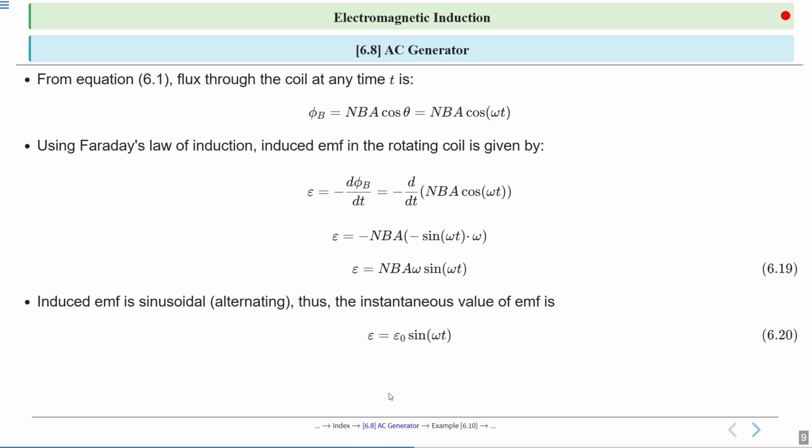When sine omega t is 1, epsilon will be equal to epsilon naught. When sine omega t is minus 1, epsilon will be equal to minus epsilon naught. Therefore, the value of epsilon is between epsilon naught and minus epsilon naught. Epsilon naught is the maximum value of this EMF, and it varies between the maximum and minimum value of the EMF.